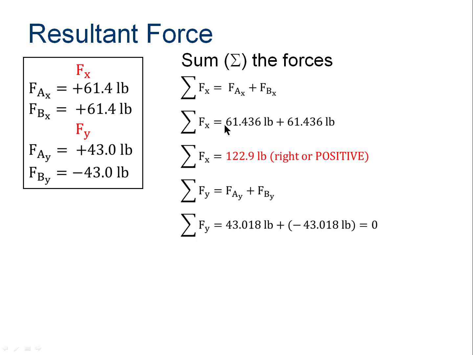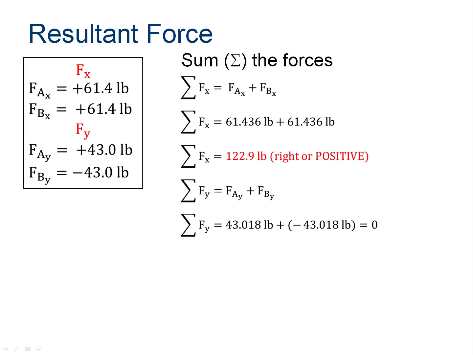So 61.436 plus 61.436 rounds to 122.9 pounds. It's to the right, or it's positive. When I sum the forces in y, I get 43.018 pounds up and 43.018 pounds down for a net force of 0.